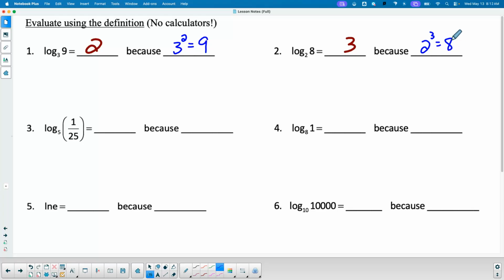Log base 5 of 1/25 is -2. Log base 8 of 1 is 0. Yep.